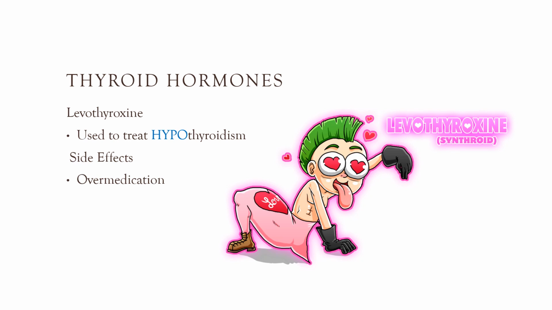The good news is there's only one side effect for you to really know, and that is that just like with anything, we can over-medicate, which means we give them too much, and that can cause the signs and symptoms of hyperthyroidism because it's the opposite. Because our goal is to increase the thyroid with this medication, we can always end up increasing it too much. So we would have to look out for signs and symptoms of hyperthyroidism.